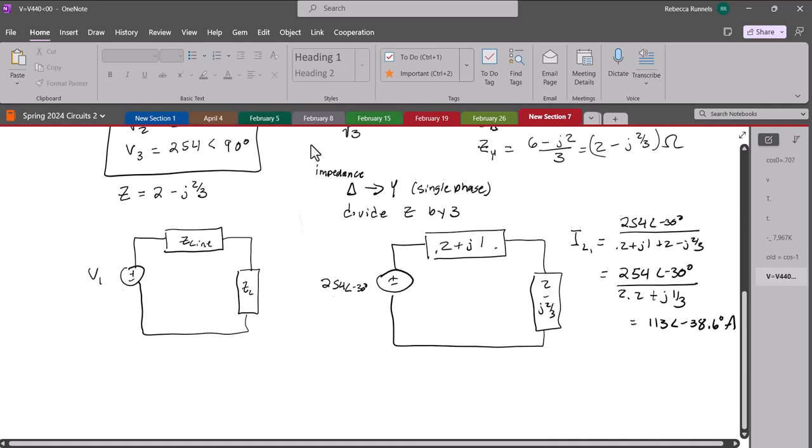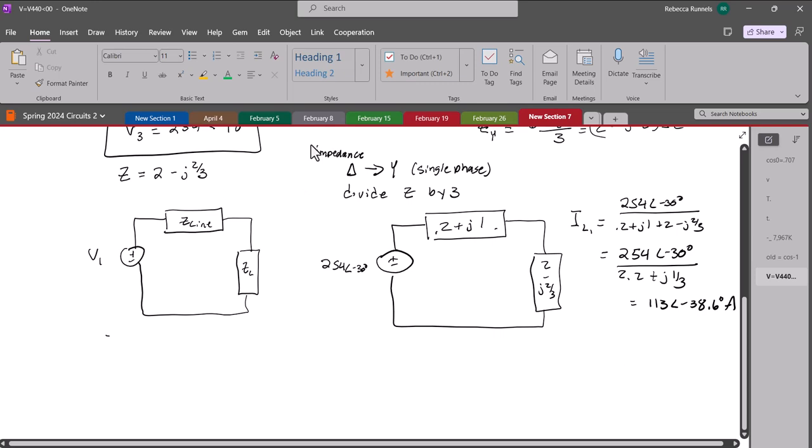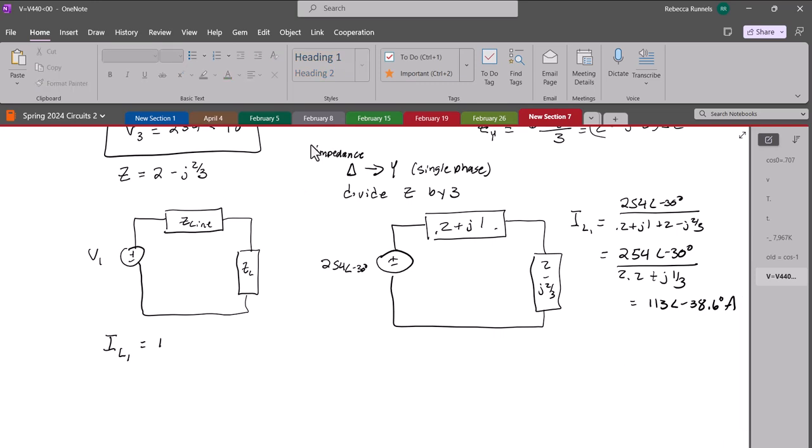Once I know that, I don't have to do the other calculations because I know what they're going to be, if I can add and subtract 120 degrees, which is far from a given.